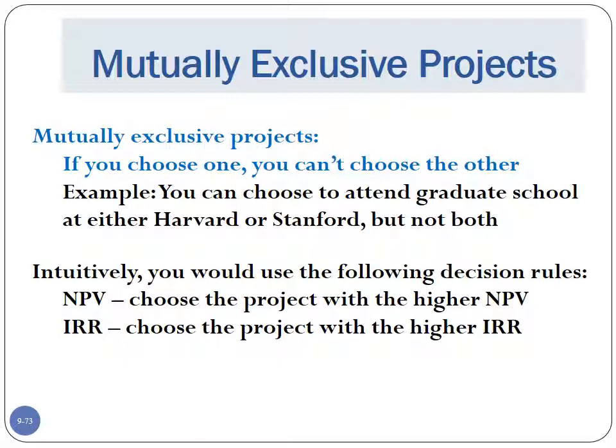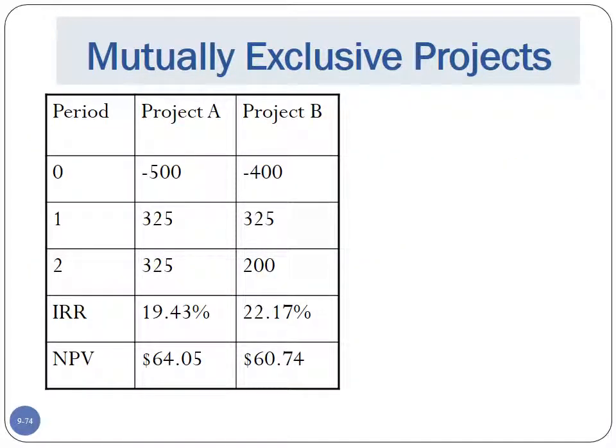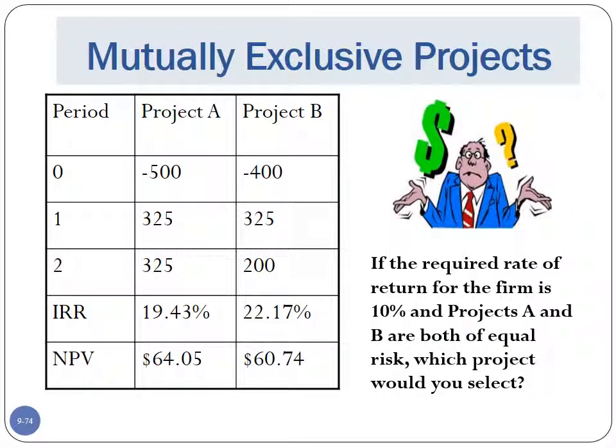Intuitively, you would use the following decision rules. You choose the project with a higher net present value and choose the project with a higher internal rate of return. So what about this situation where we have positive net present values and we have high rates of return?